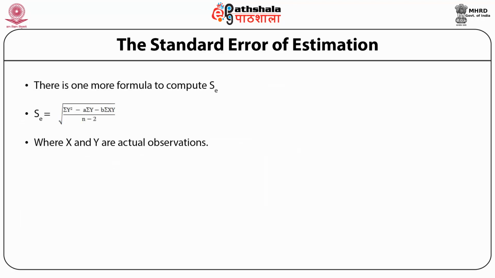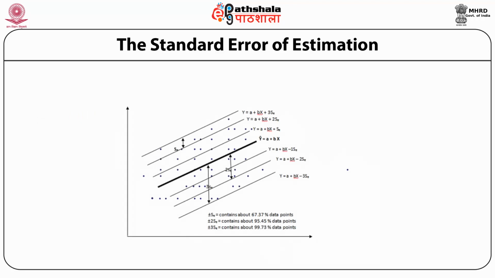We can also calculate the standard error using a different formula: square root of sigma y square minus a sigma y minus b sigma x y, divided by n minus 2. This formula can also be used for finding out the approximate interval. If we assume that all errors of prediction are normally distributed around the estimation line, in that case we can also find out their intervals as shown in this slide.